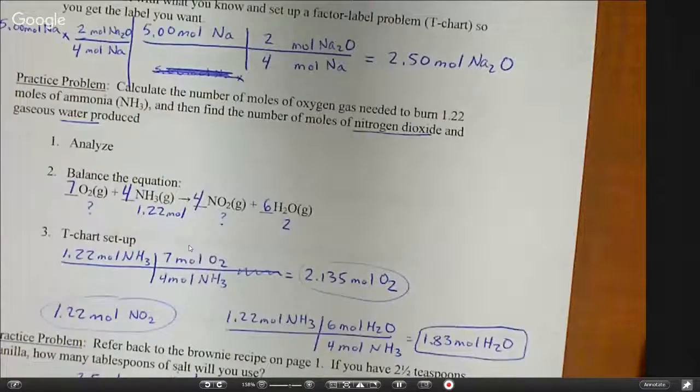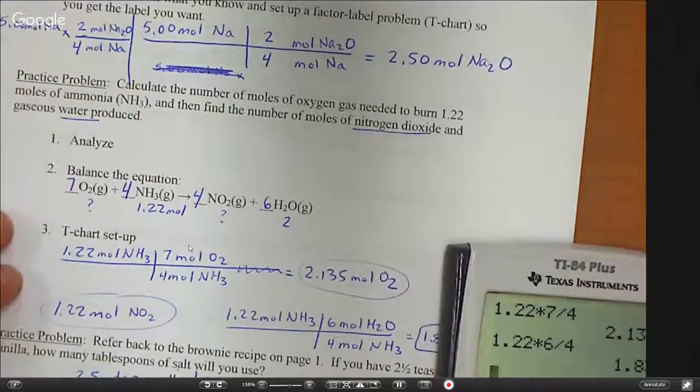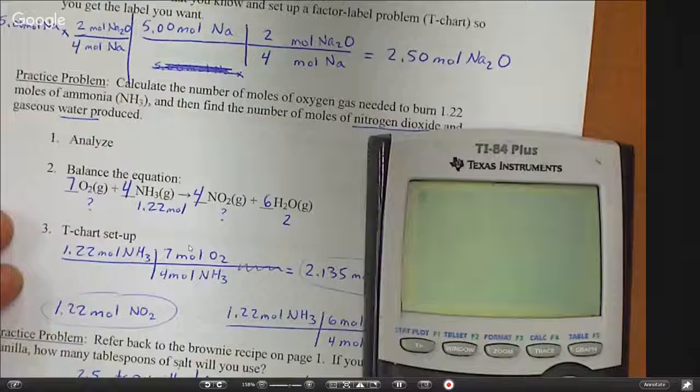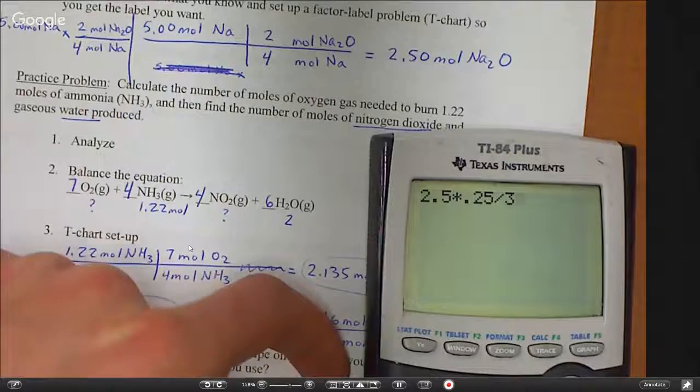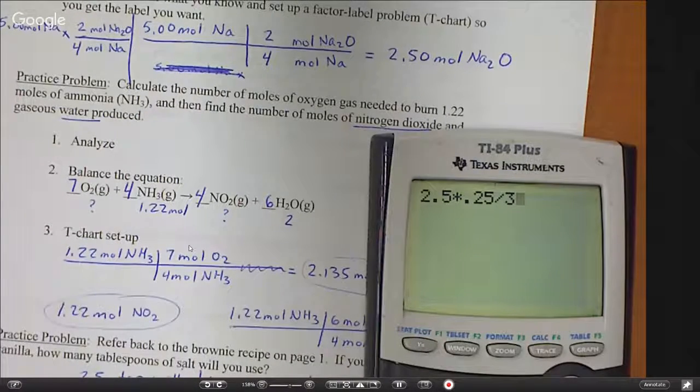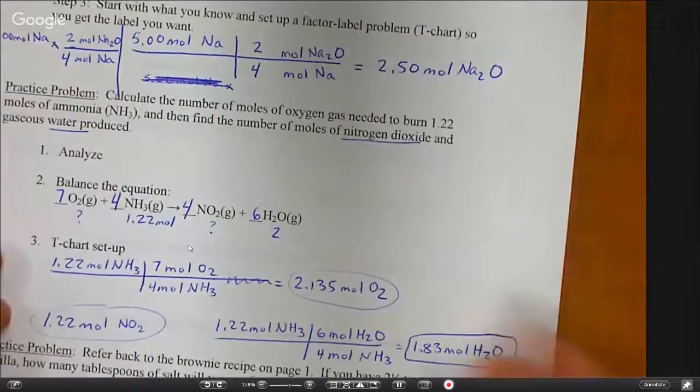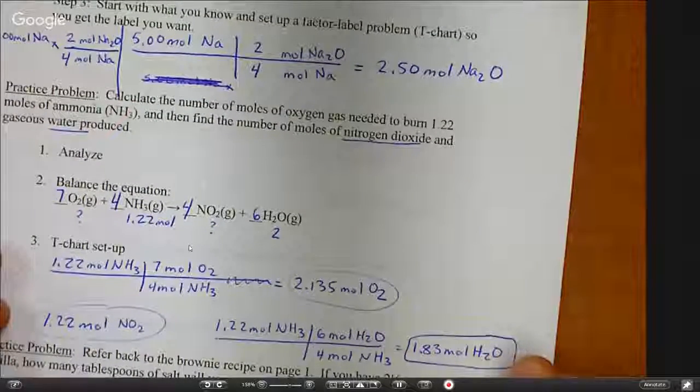And so to calculate, we're going to do 2.5 teaspoons of vanilla times 0.25 teaspoons of salt divided by 3 in the denominator. So multiply everything on top, divide by the product of what's in the denominator, and what we get is 0.2083 tablespoons of salt.